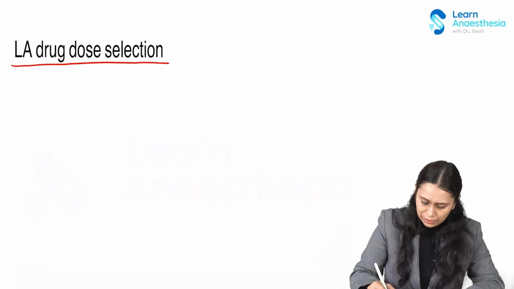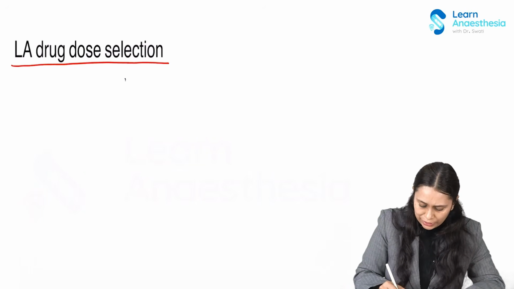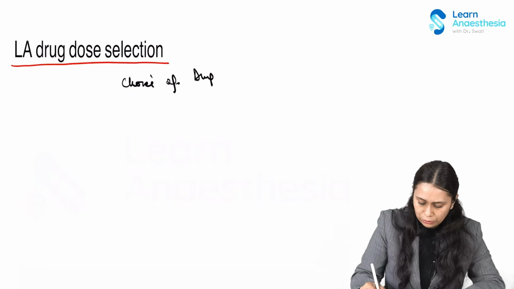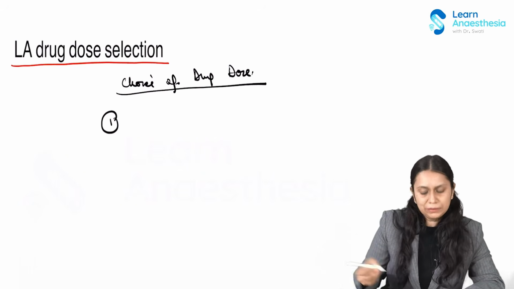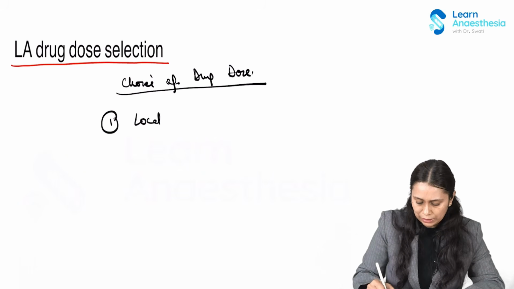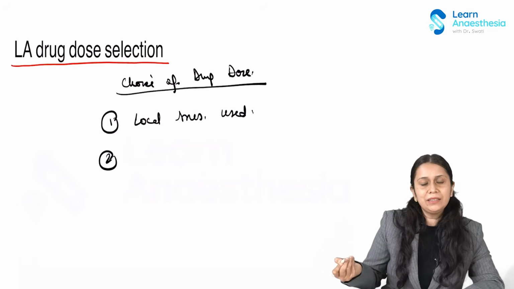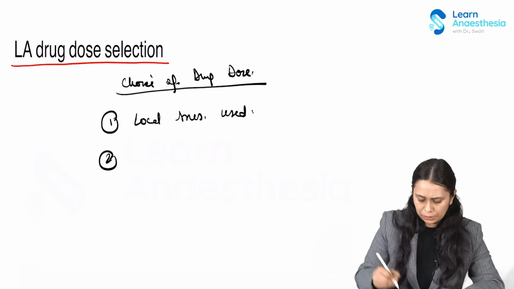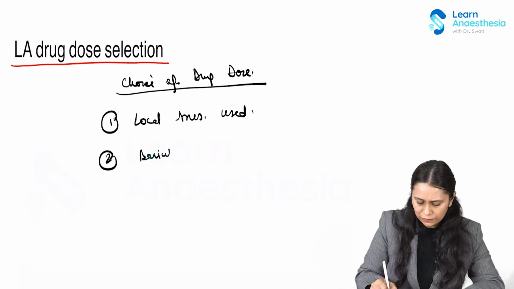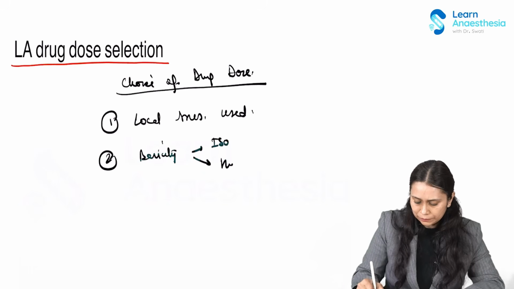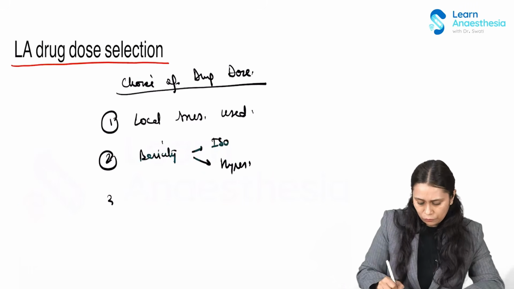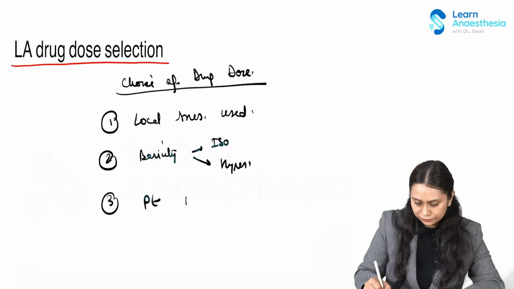So first, the choice of drug dose is on the basis of what local anesthetic we are using. Local anesthetic used. Then what is the baricity? Is it a hypobaric, isobaric, or a hyperbaric drug? So baricity of the drug, that it is iso or it is a hyperbaric. Then it depends upon what the patient's positioning is.